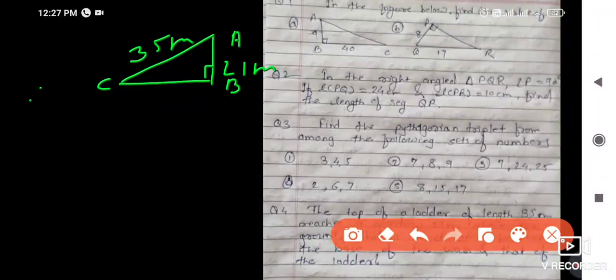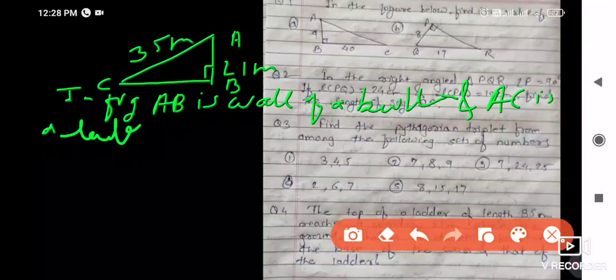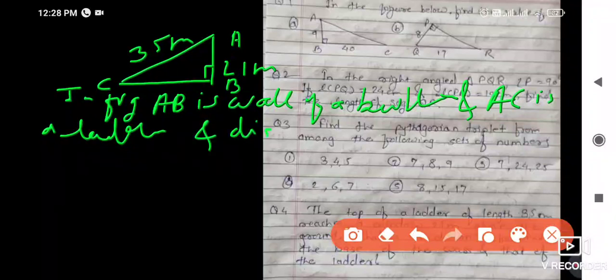So in the figure, AB is the wall of a building, AC is the ladder, and the distance between the wall and the ladder is BC.